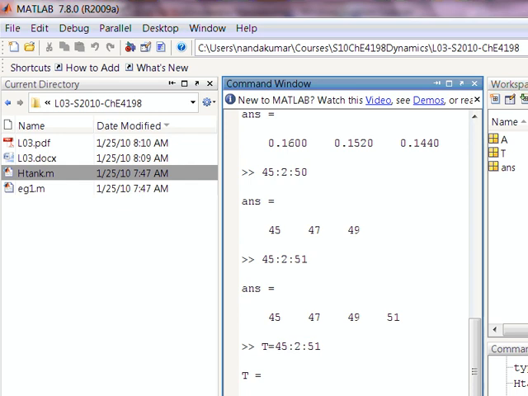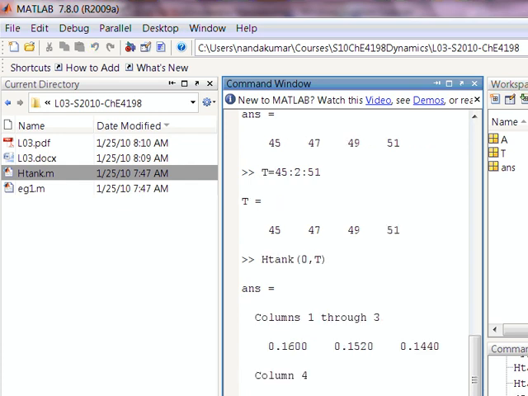So t has a value of 51, and t appears in the workspace. t is now a variable available in the workspace, so you could do this. t is going to have all those 4 values, and will return 4 values. You get an idea, roughly, of what Matlab is able to do? Okay.